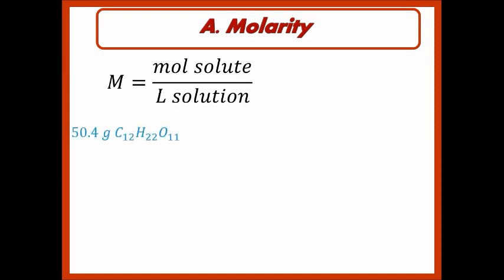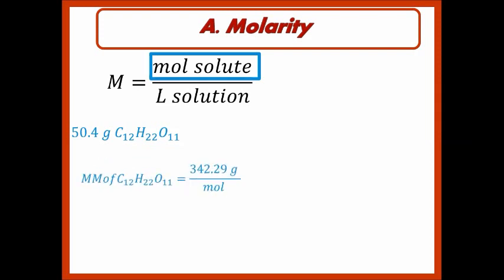In order to convert the grams of sucrose to moles, we need to first calculate the molar mass. Since we know the chemical formula of sucrose to be C12H22O11, we can use the molar masses on the periodic table to determine the molar mass is 342.29 grams per mole. Remember, molar mass is the only conversion factor that we can use to convert grams to moles or moles to grams.